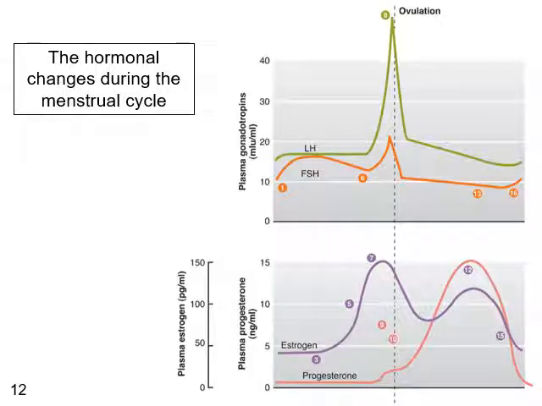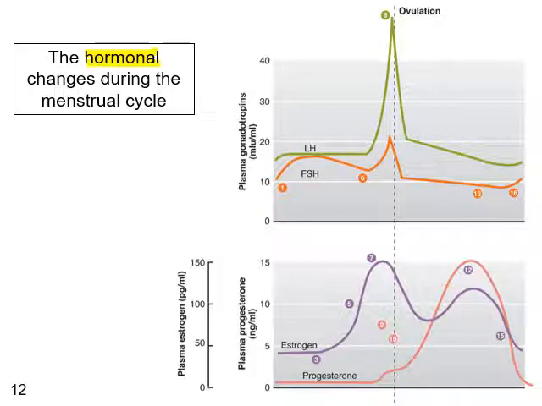Now, let's turn our attention from the physical changes in the ovary to the endocrine changes. Now we're going to look at this complicated pattern of increases and decreases in the levels of hormones during the menstrual cycle.